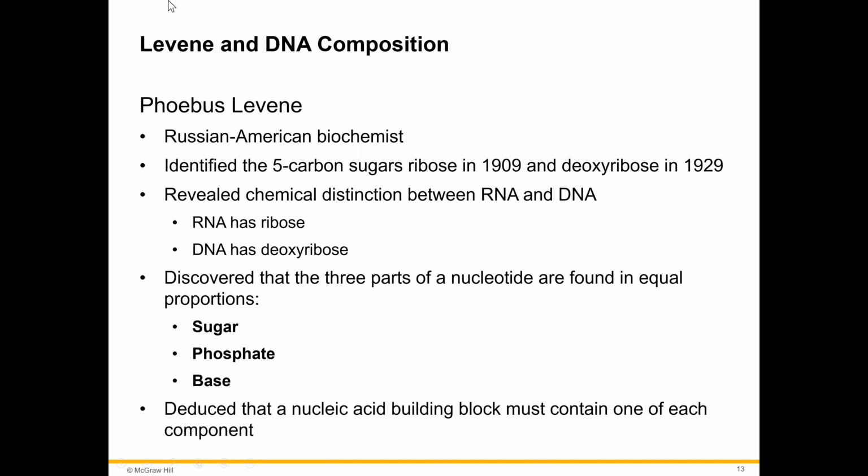Let me just draw it for you so we can have an idea. DNA is made of a building block called a nucleotide, and each nucleotide is made from sugar, base, and phosphate, right? So that's one nucleotide. And then you put so many of these nucleotides together, and that's how DNA is made, right? So we know that a nucleotide is made of sugar, phosphate, and base.